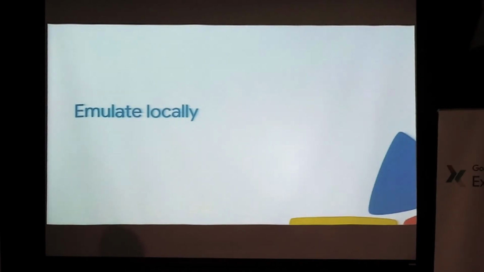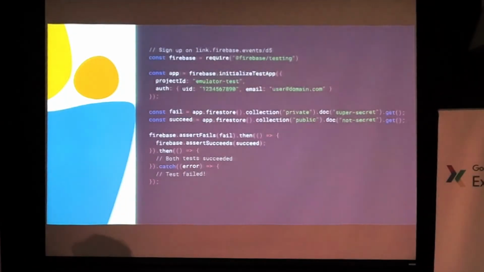Now you have another great way to test: you can emulate it locally. This is a great way to add some unit tests and some integration tests to your app. You can test a security rule without having to connect to the internet by running this script locally and using our CLI tool to set it up.